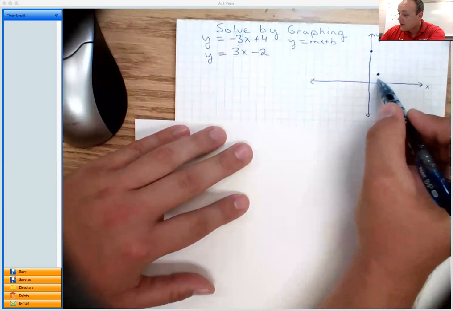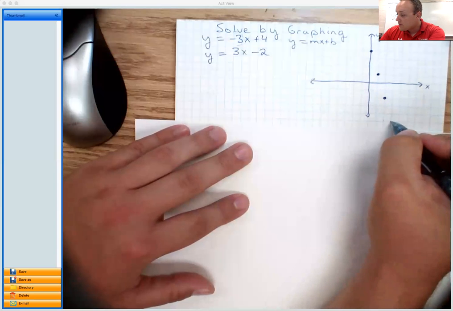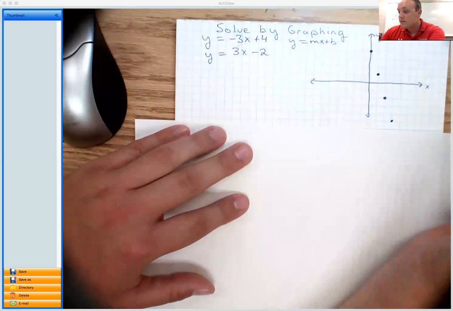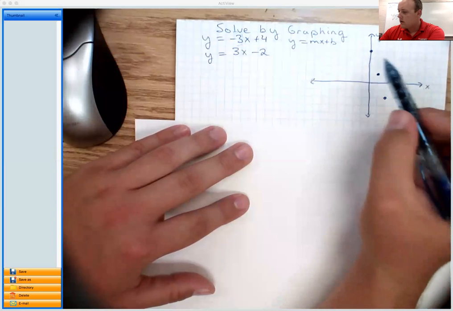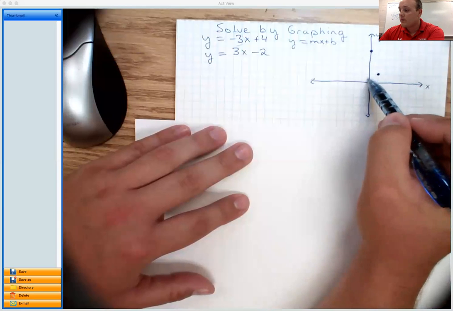Okay, so I go down 3 and over 1 again. And down 3 and over 1. What's the top number? Which top number? On the line. On the y-axis. That's just a y right there. We go up 4.